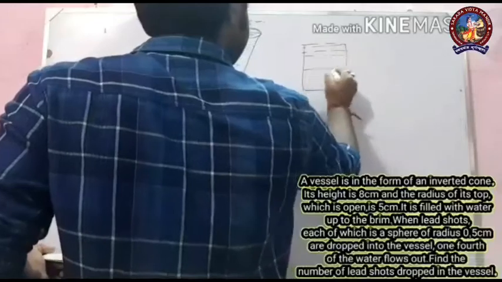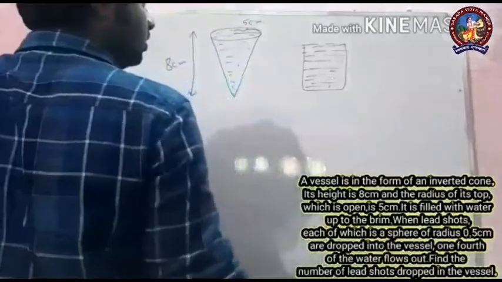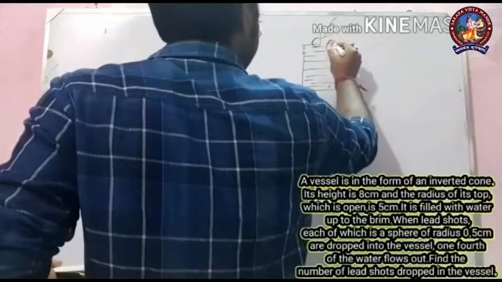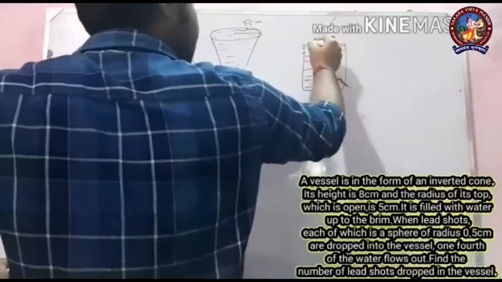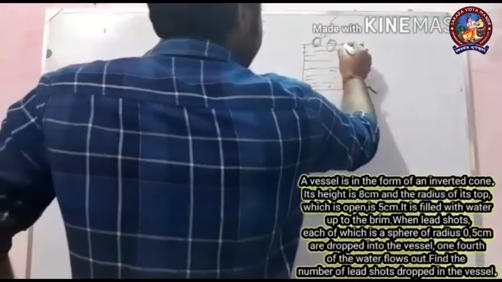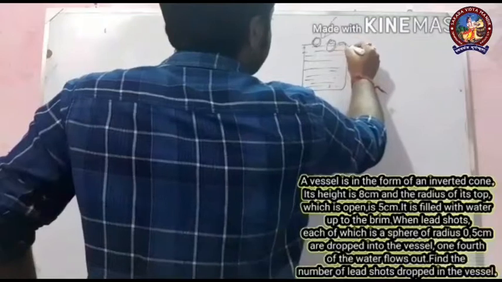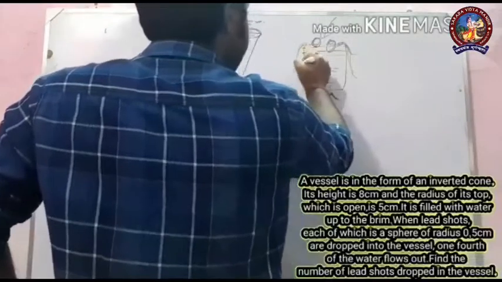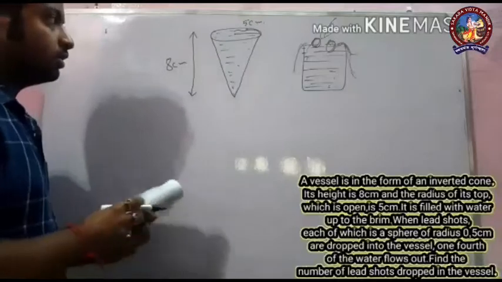Suppose I have filled up this vessel totally with water. Now I am dropping some lead shots here, which are of spherical shape, or suppose I am dropping anything in a totally filled vessel with water. Then a certain volume of water will flow out, right?